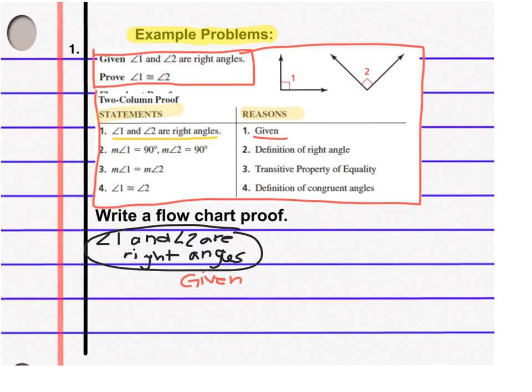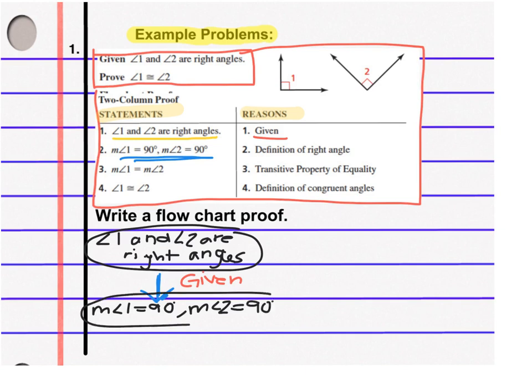All right, then I draw an arrow as I go to the next thing, which is that angle 1 is 90 and angle 2 is 90, so that's next. Measure of angle 1 equals 90. Measure of angle 2 is also 90. Put that in a little box. My reason, definition of a right angle.